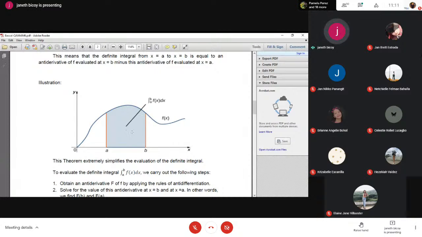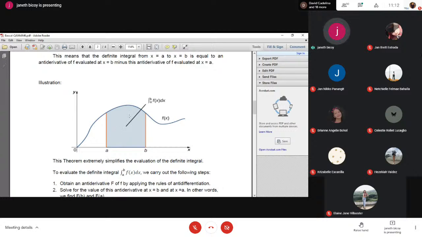So in other words, when you talk about definite integral, we are talking also of an area bounded by a curve and the vertical lines, a and b, with respect also to the x-axis. Kung may bounded, of course, i-bound siya sa upper portion and the lower portion. So this is the function now, and we have the x-axis as the boundary for the lower part. So when you say definite integral, we are going to find the area of this shaded region.